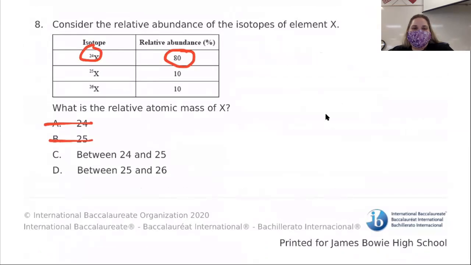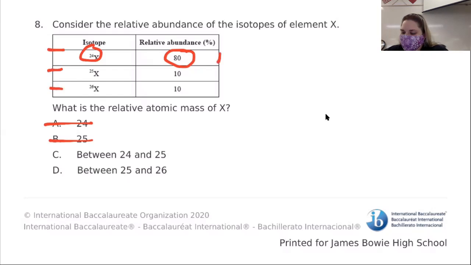What do you guys think? So which one is the most abundant one? The 24, 25, or 26? Which is most abundant?